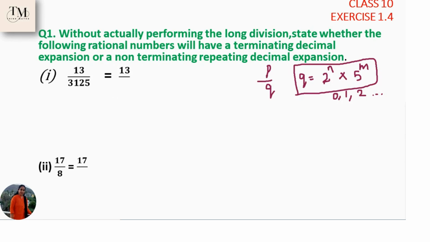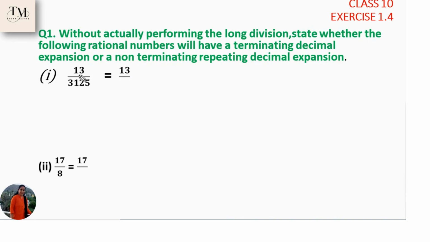The first problem is 13 divided by 3125. 13 is a prime number, so it cannot be factorized. Now we will factorize 3125. As it ends with 5, I take the prime number 5. 5 sixes are 30, balance 1. 5 twos are 10, balance 2. 5 fives are 25.